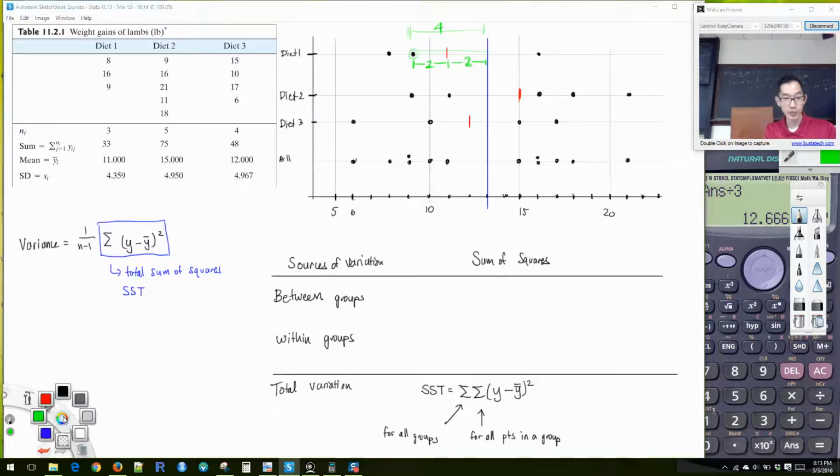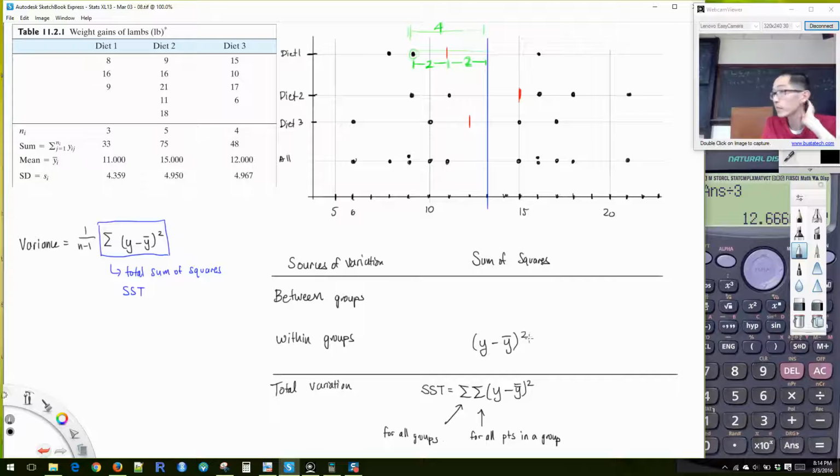I think it's easiest to do the within group first. The sum of squares within a group is: we take each value y and subtract off the group mean, which is y bar. Over here we have the grand mean y double bar, and over here it's just y minus y bar. This is the fact that this guy is 2 units below his group mean, and we square that difference.